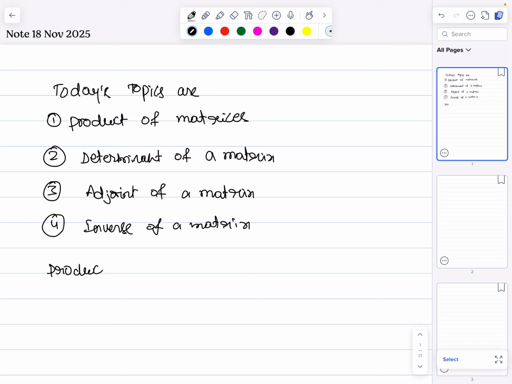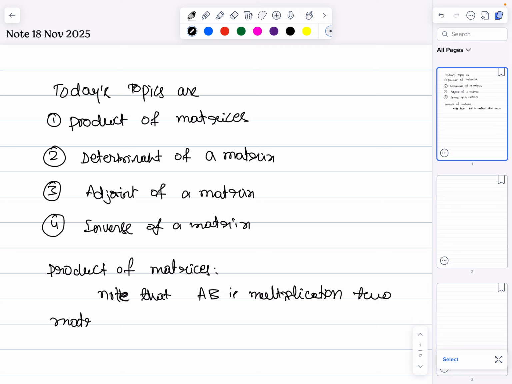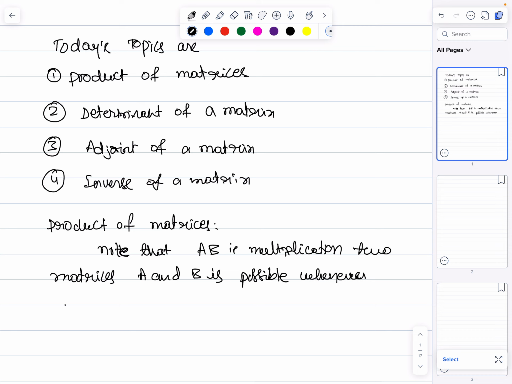Product of matrices. Note that multiplication of two matrices A and B is possible whenever the columns of A and rows of B are same.